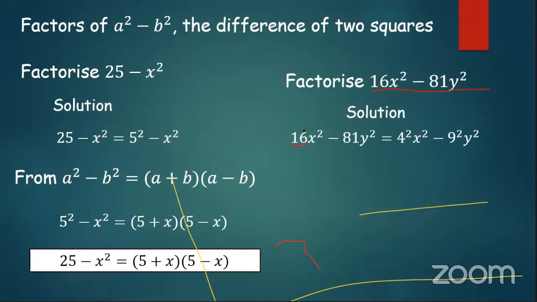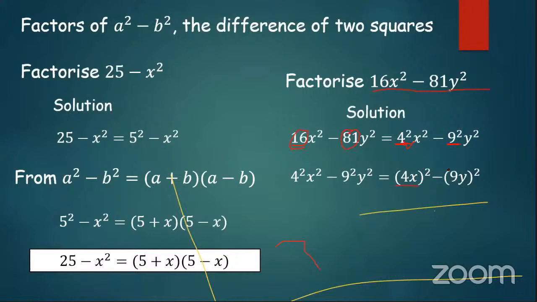So 16 is written as 4 squared. 81 is written as 9 squared. And after this step, we group them and have the square outside. So we write 4x, then bracket square, like the way I've done here.